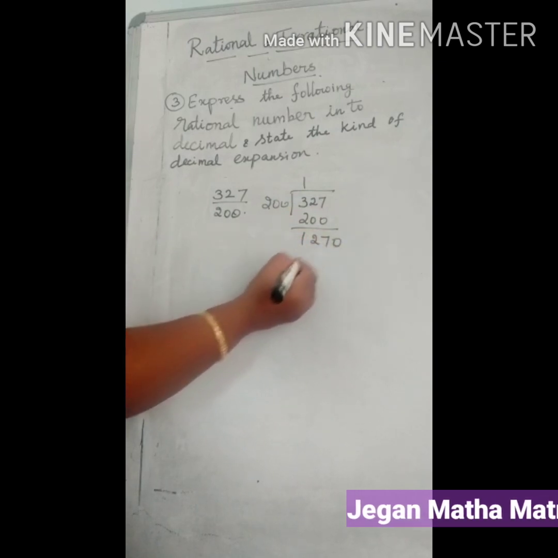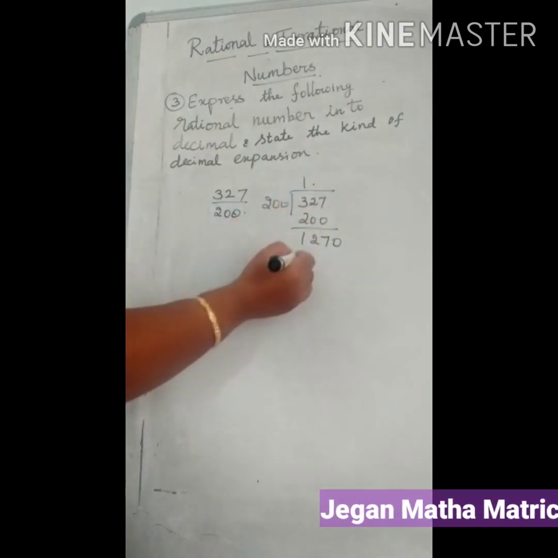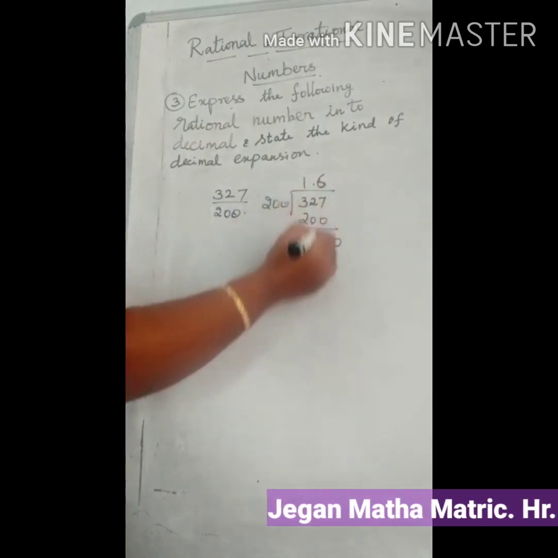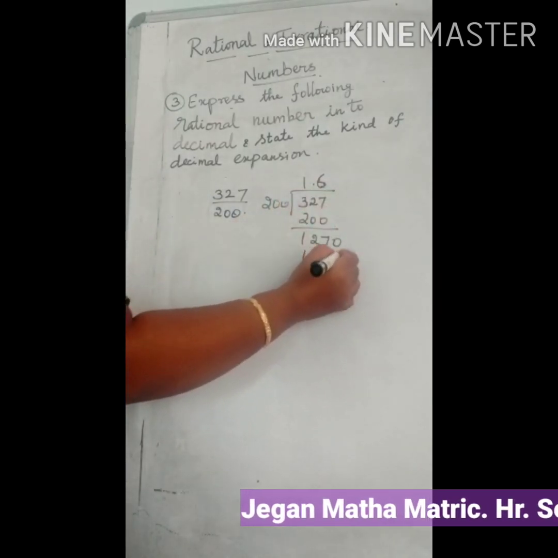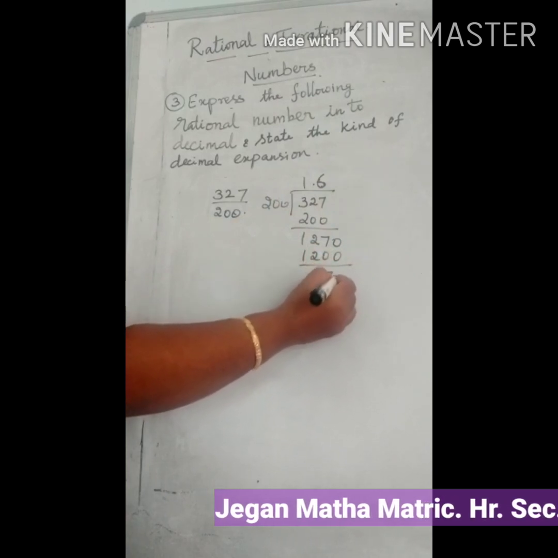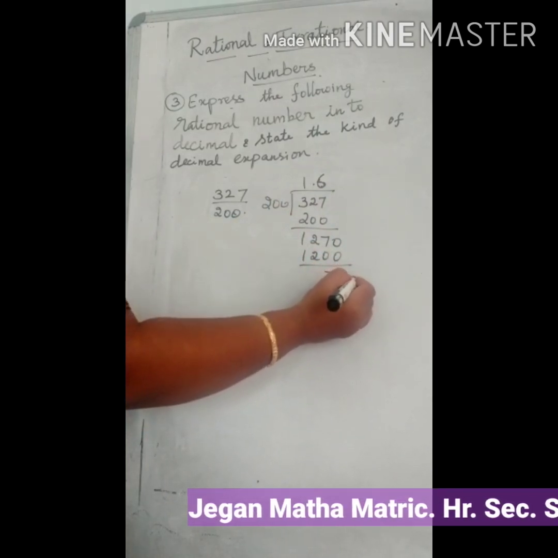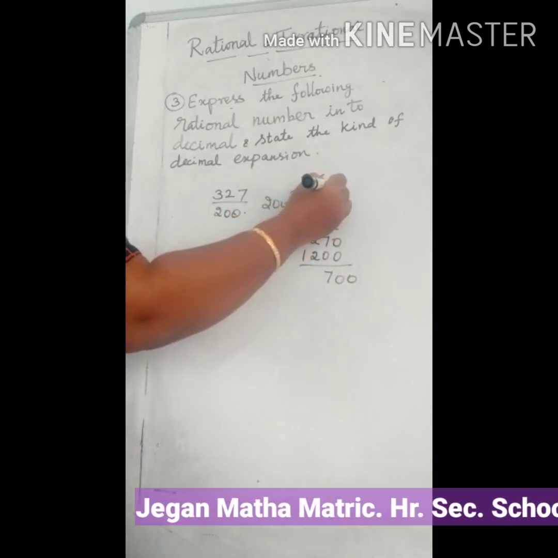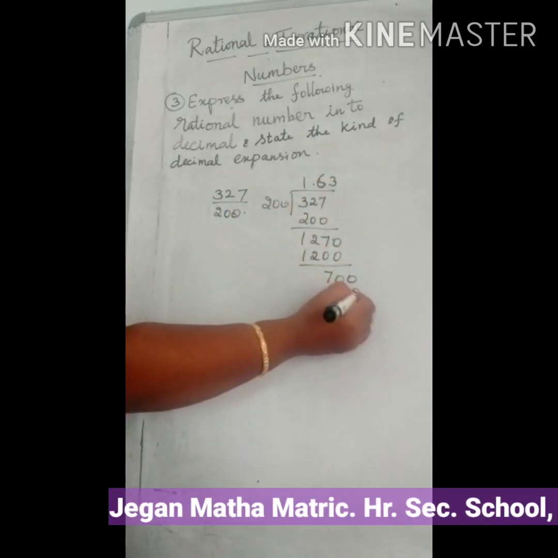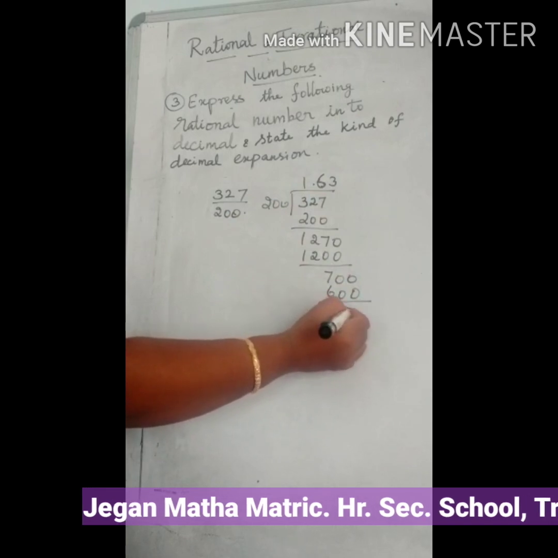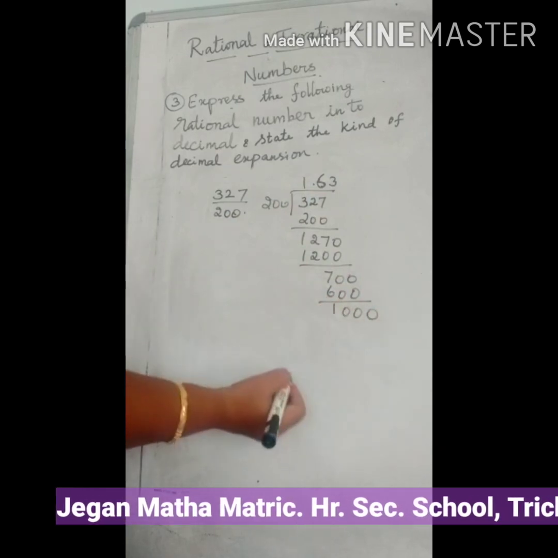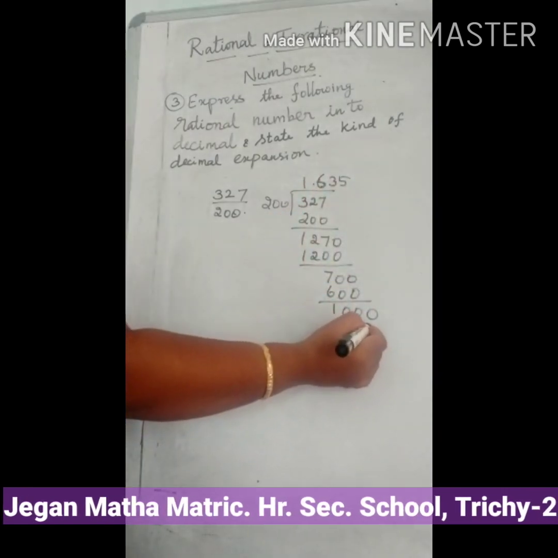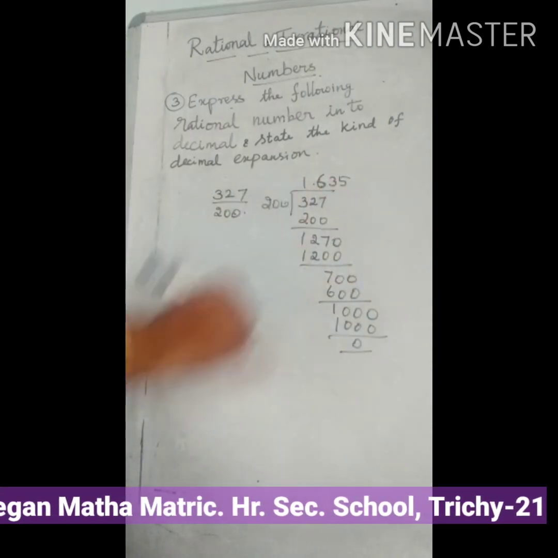Again put 0, put a decimal point here. 6 times 200 is 1200, balance 70. Again put 0. How many times? 3 times 200 is 600, balance 100. Again add 0. So 5 times 200 is 1000. The remaining will be 0.